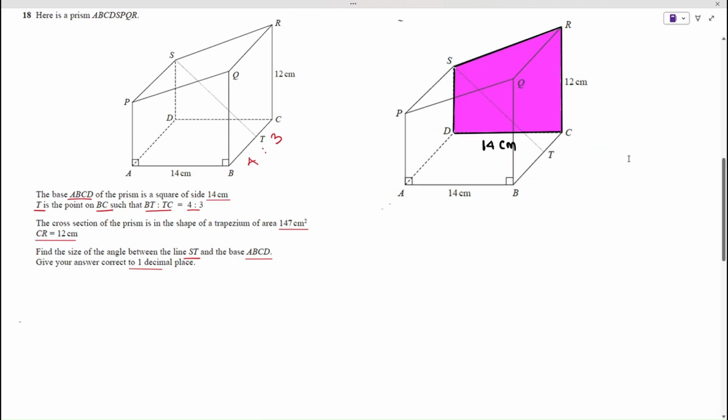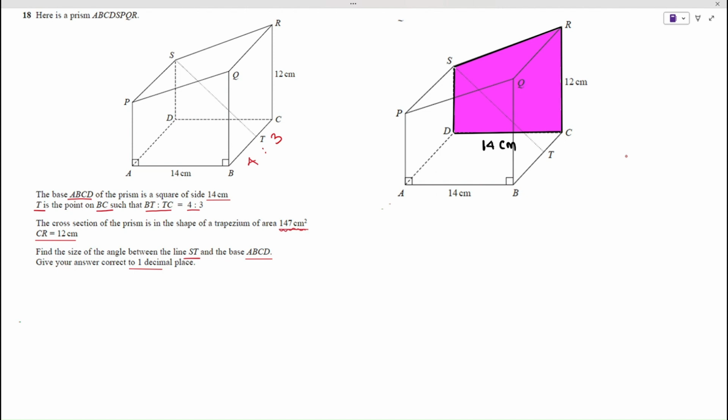So our question tells us that the cross-sectional area of our prism is 147 centimeters squared, and this is a trapezium. So we have our trapezium colored out here, which is CDSR, and so we know that the area of our trapezium is 147 centimeters squared.